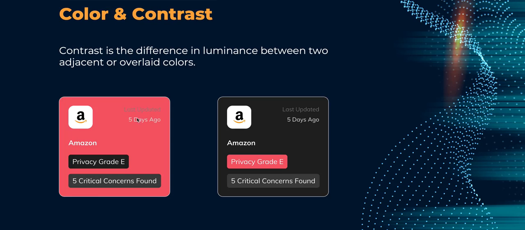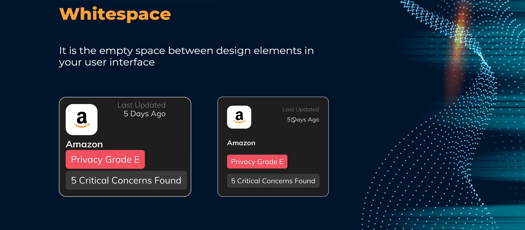The design on my left, you see last updated can hardly be seen because the contrast between that and the background is quite poor. But when you focus and look at the design on the right here, you see that last updated is quite visible now because the background color was changed to a color that contrasts well with the text.